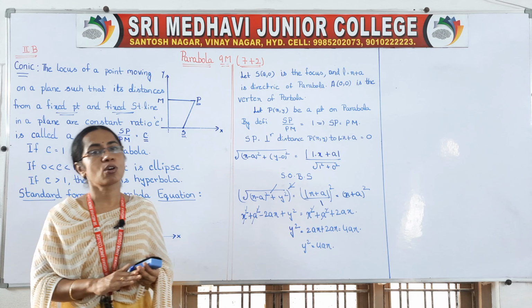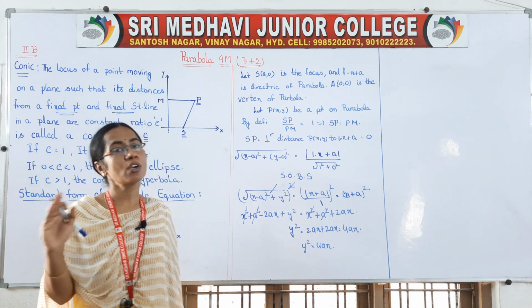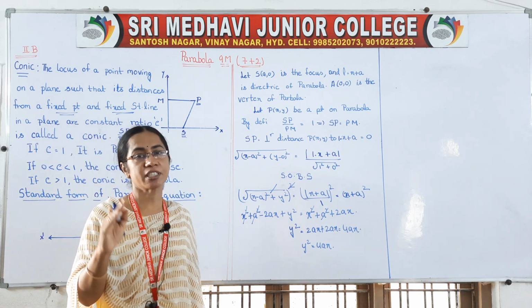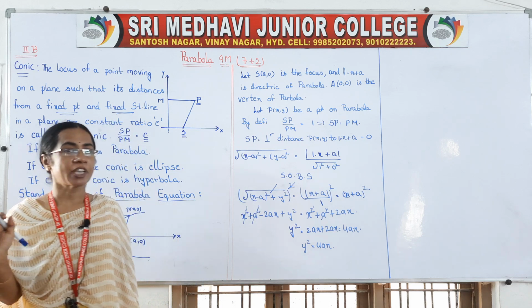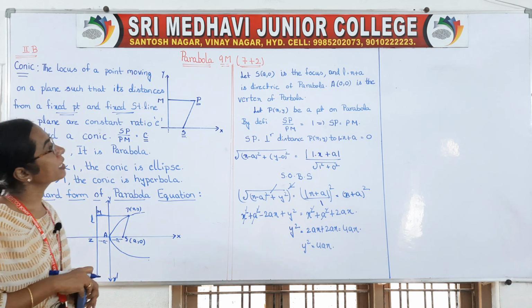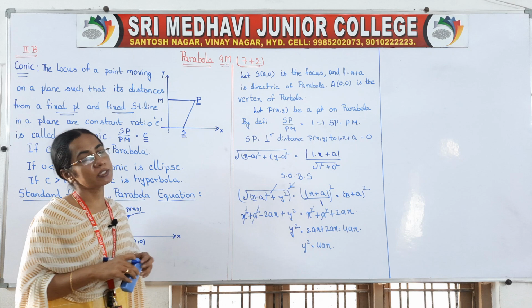So cutting the cone is called conic section. In this conic section you have 3 topics: parabola, ellipse, hyperbola. Today we are dealing with parabola. It is a 9 marks topic: one 7 marks question and one 2 marks question.